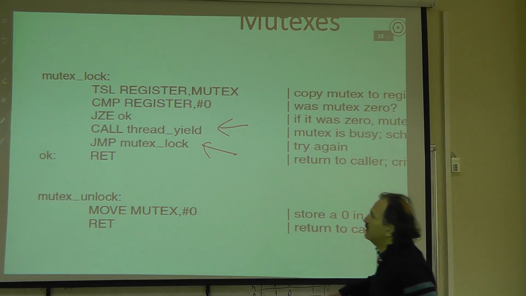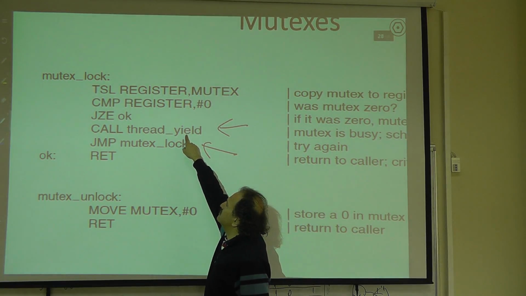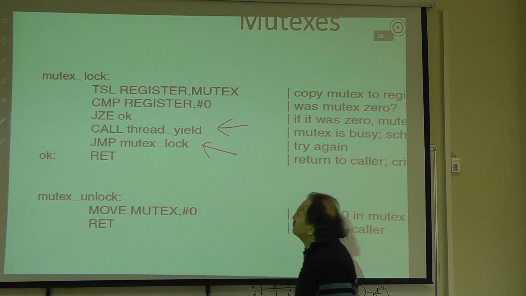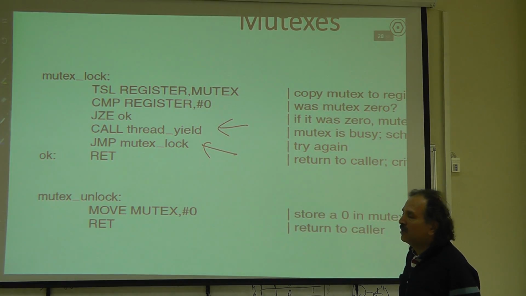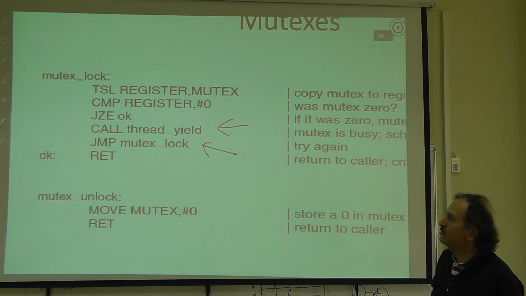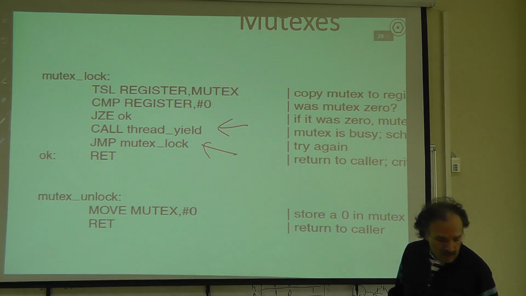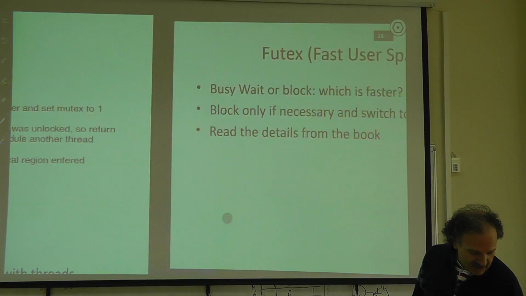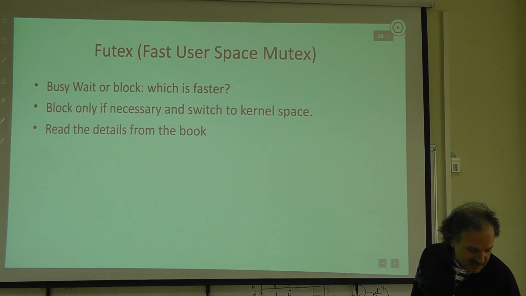Because when you call the operating system routine, that means you're going to do a context switch. You are going to go into the kernel mode, and switching to kernel mode is expensive. It takes a lot of CPU time. You waste that CPU time. That's not a good thing. For that case, if you know that you are not going to block, using spin locks is better.